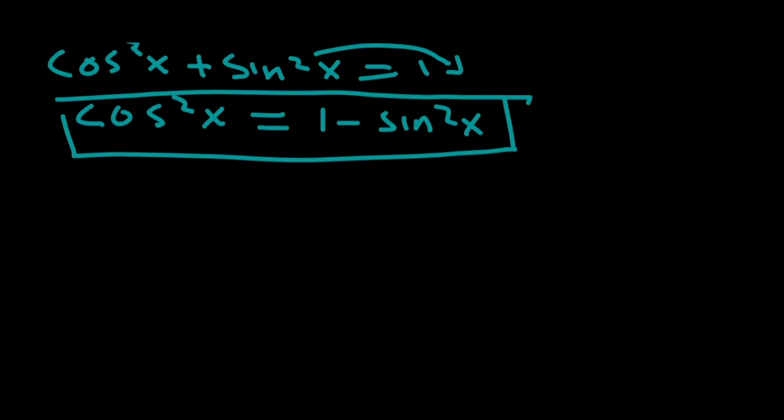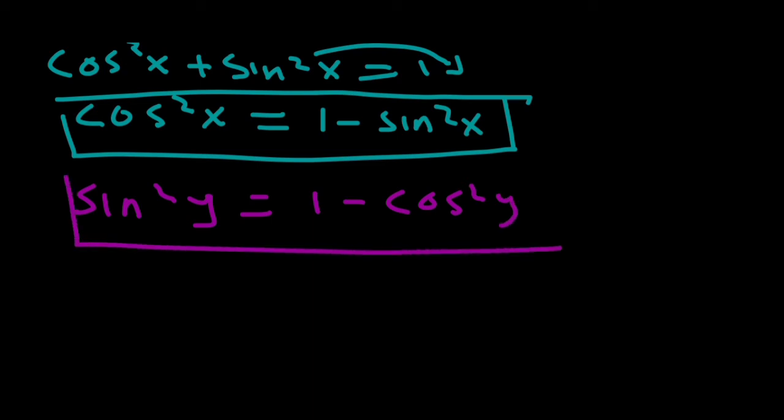Where there's x, replace with y. So sine squared y is equal to 1 minus cos squared y. So we've got another expression there. Make sure that you keep these expressions in your mind because we're going to use them to find the final answer.